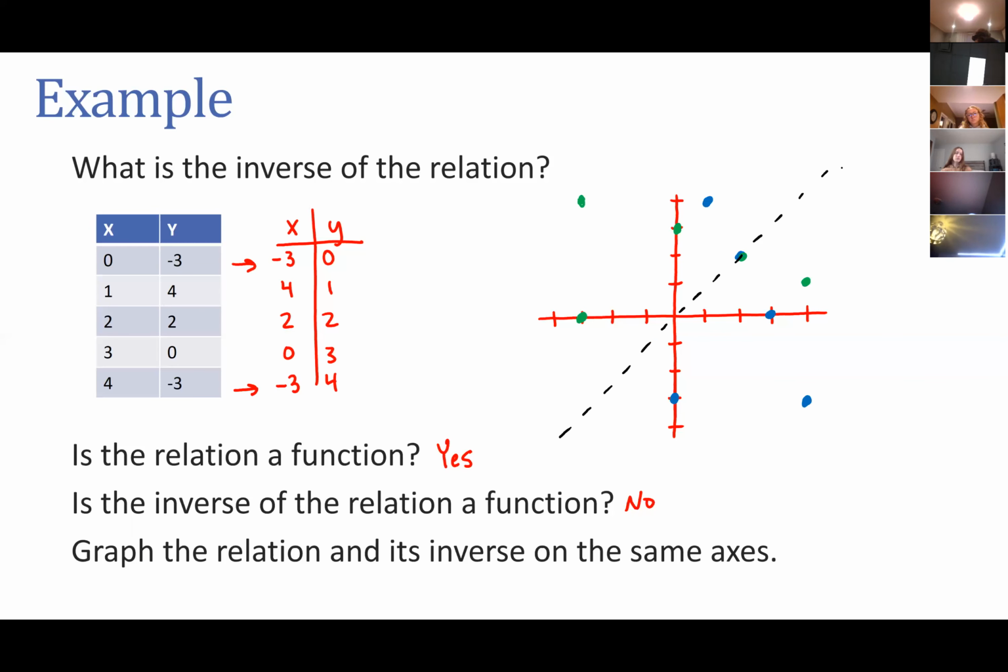And then I'm going to draw in the line y equals x.